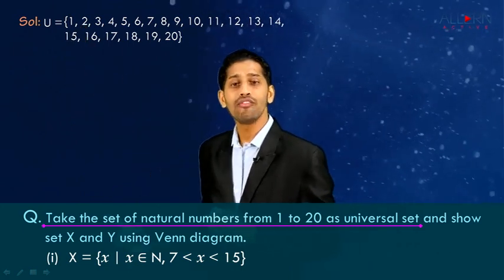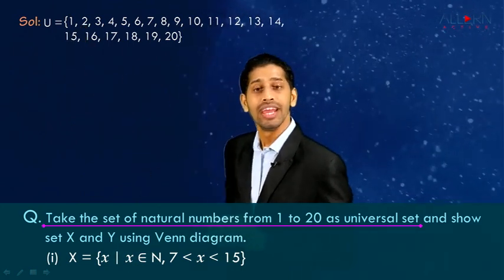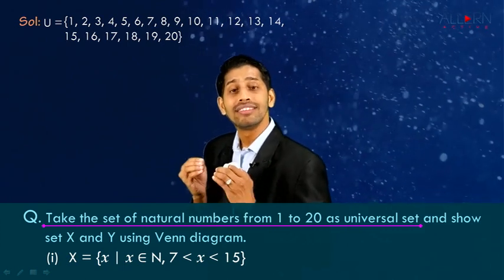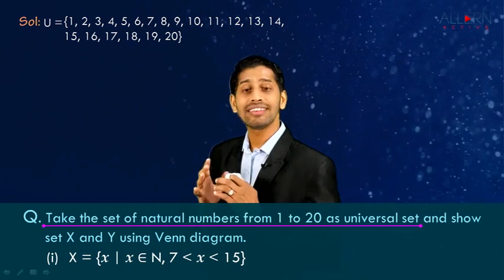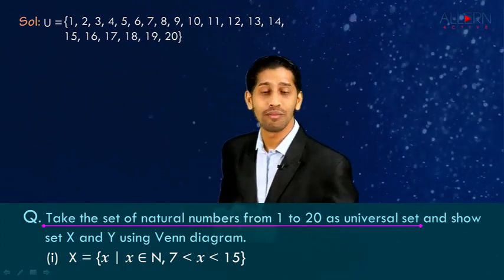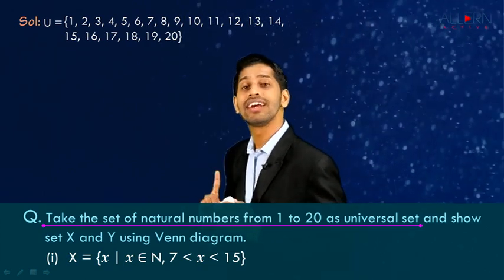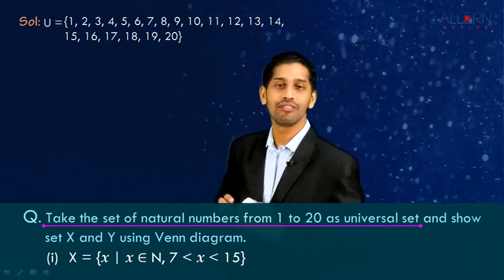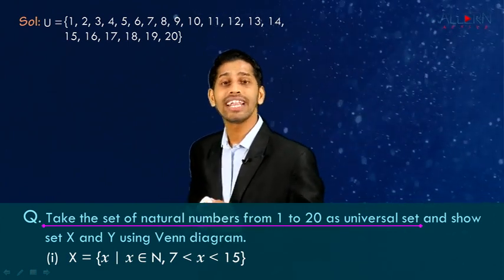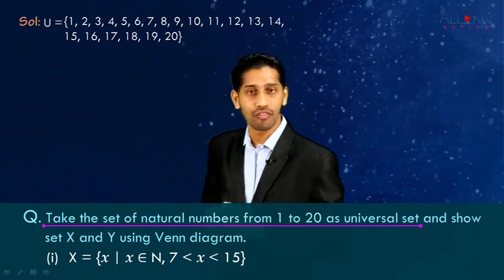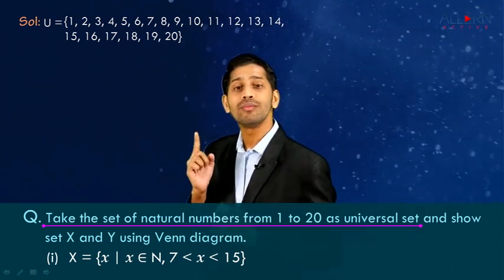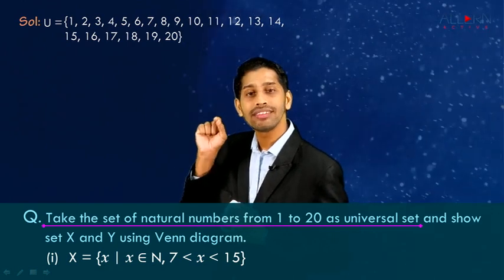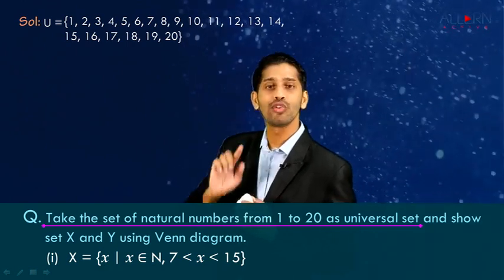Now, if you observe set X, it says that set X is a set of all x such that x is an element of natural number and x is greater than 7 but less than 15. That means this set X is given in set builder form. We will convert it into roster form. So whatever comes after that small vertical line, such that, we need to solve that first.